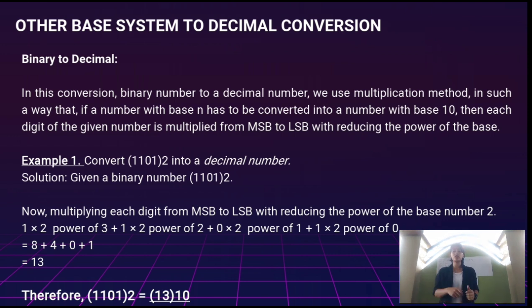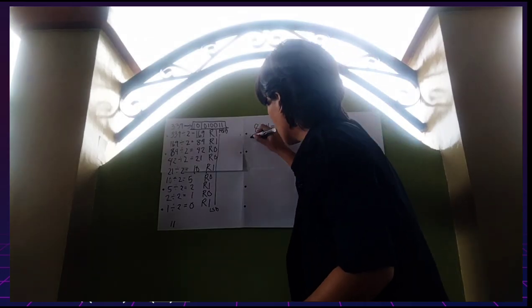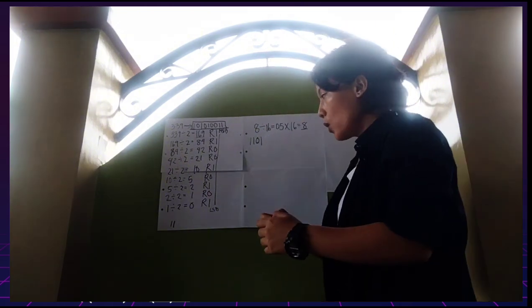Example 1: we need to convert the binary number 1101 with a base of 2 into a decimal number. Now, we multiply each digit from the most significant bit to the least significant bit with reducing the power of the base number 2. As you can see in the example, we have the given number 1101.